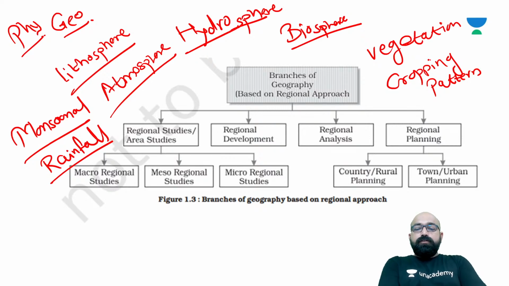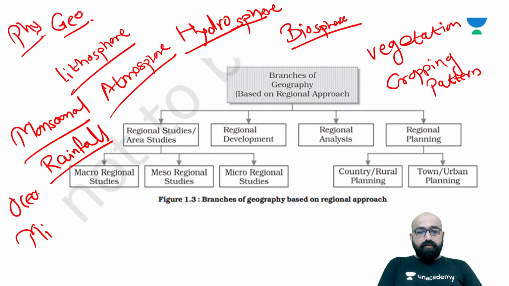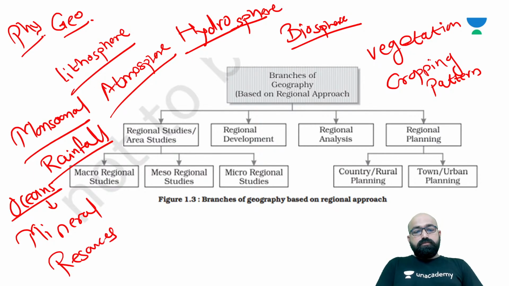Besides fish and other seafood, oceans are rich in mineral resources. India has developed the technology for collecting manganese nodules from the oceanic bed.